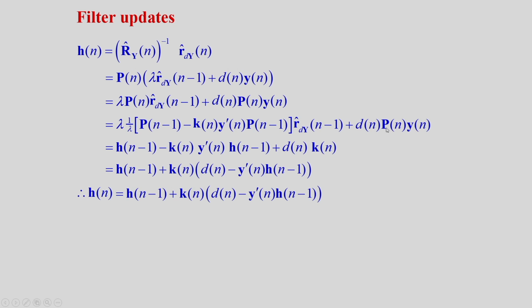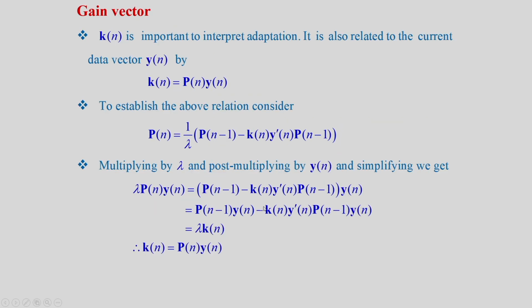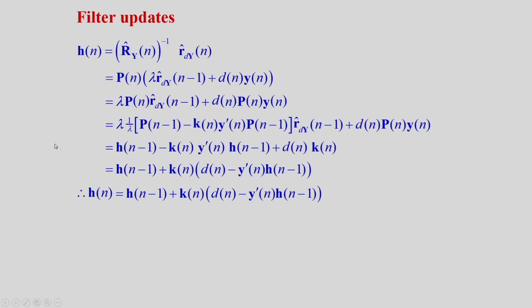And this part Pn into yn, that we have established that it is equal to Kn. So, here we have established that Pn into yn is equal to Kn. Now, we can take Kn common here from this expression and this expression. Therefore, we will get h of n minus 1 plus Kn times, this is dn minus y hat n into h of n minus 1.